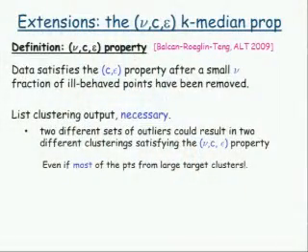So for example, we say that the data satisfies a new C-Epsilon property if it satisfies the C-Epsilon property only after a number of outlier, ill-behaved points have been removed. It turns out that in this case, we really need to output a list of clusterings, and we cannot output just a clustering.